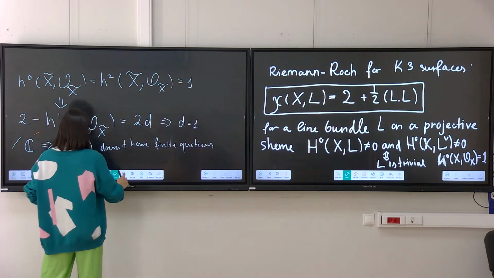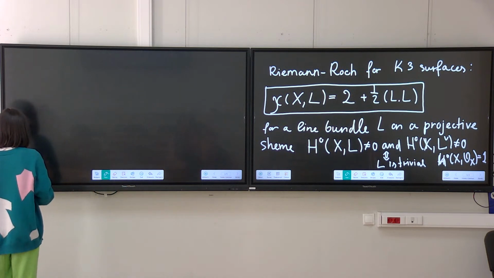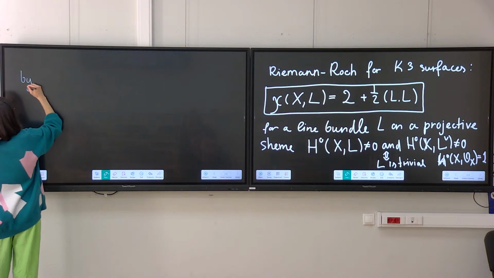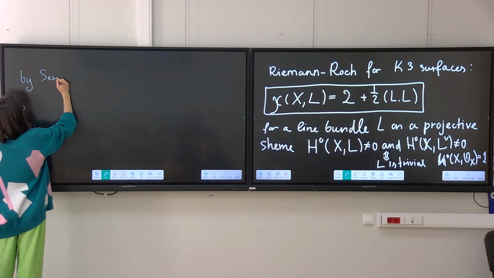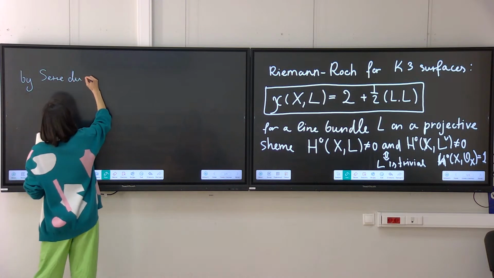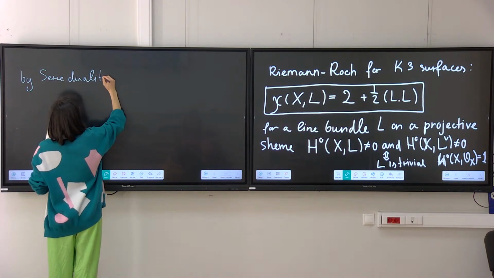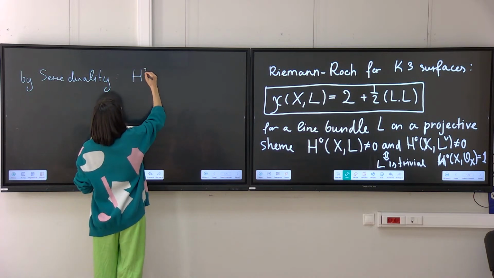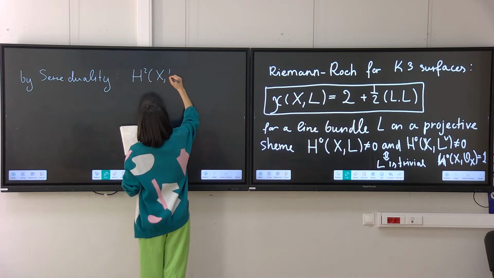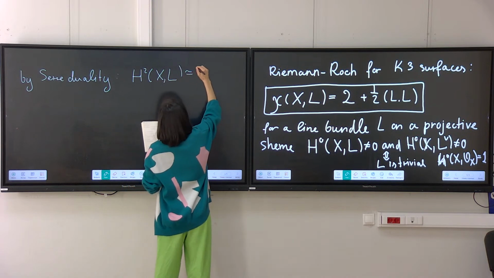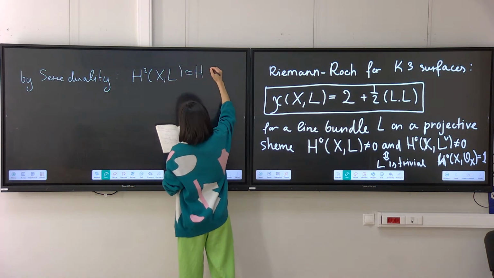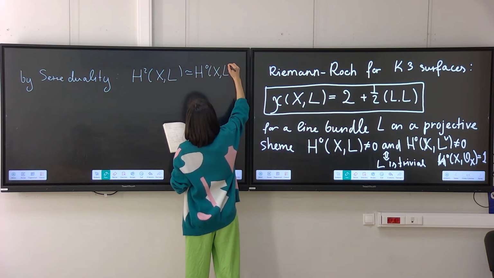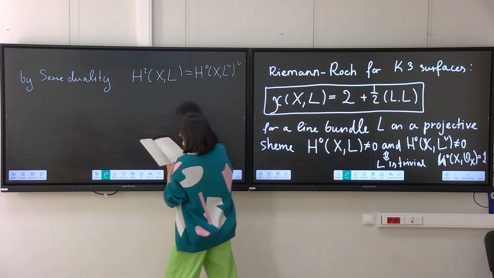To simplify the Riemann-Roch formula, first of all, by Serre duality, H2(X, L) is isomorphic to H0(X, L dual).